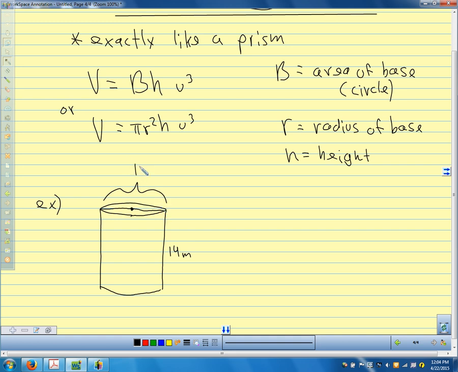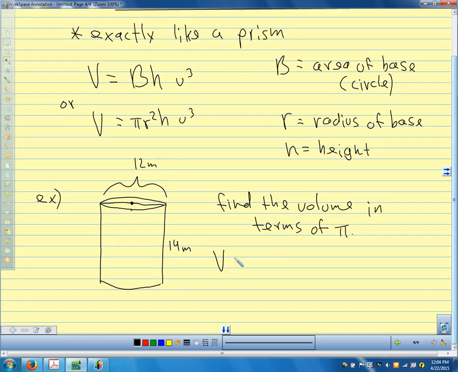And this is 12 meters. And we want to find the volume. I'm going to say find the volume in terms of pi. All right, so our volume is pi r squared h.